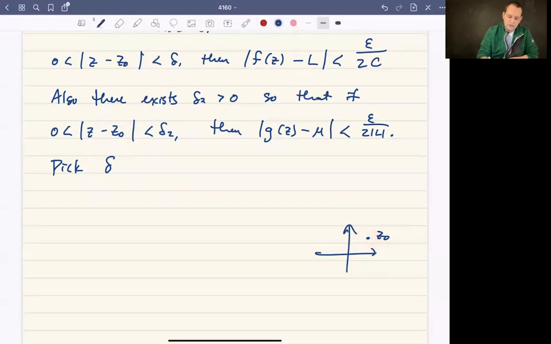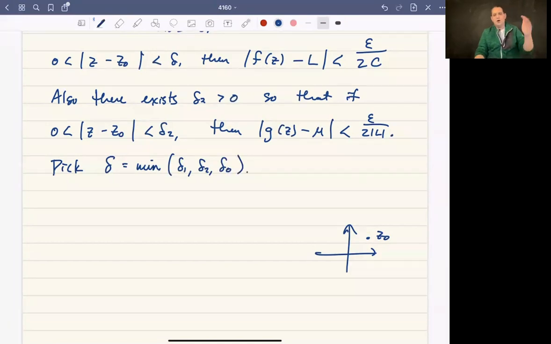The way we do this is we let delta be the minimum of delta 1, delta 2, and delta naught. Then all of the properties we want hold, because delta is less than each of these.